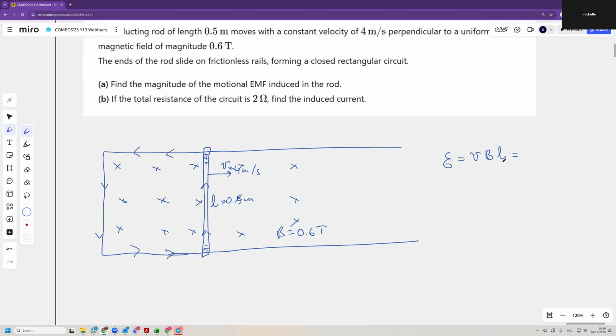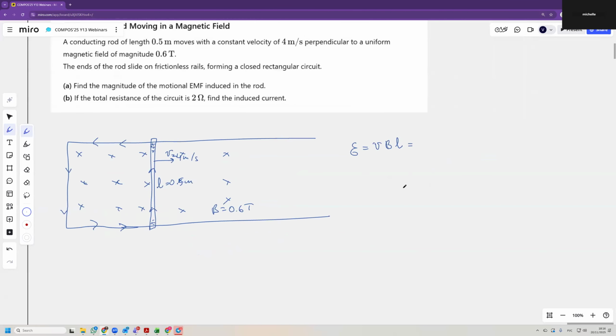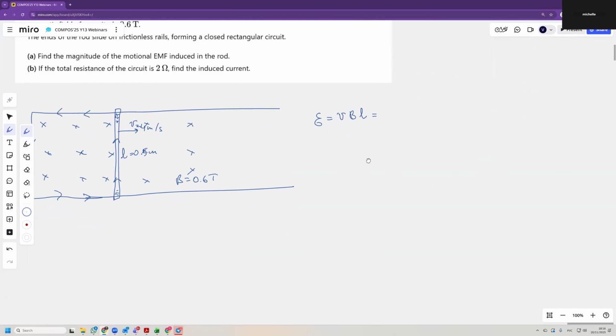Motional EMF is the EMF caused by movement through a magnetic field.